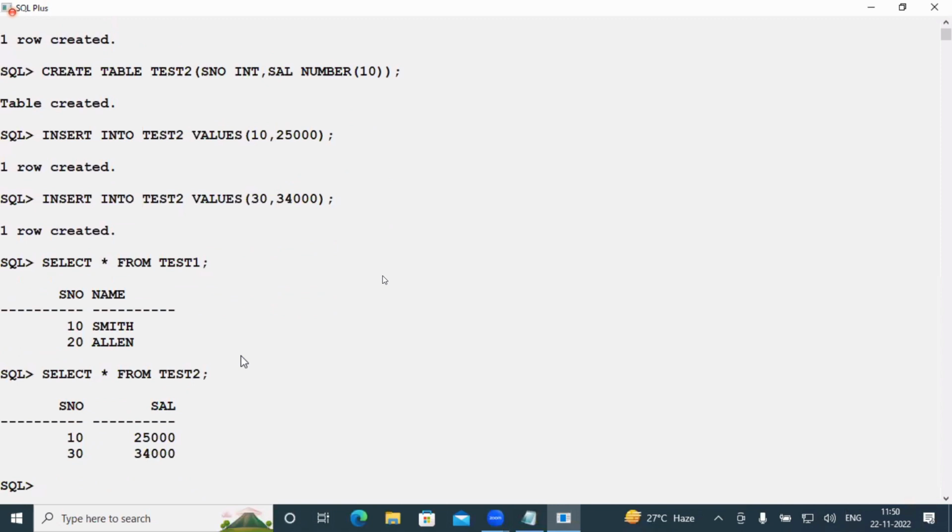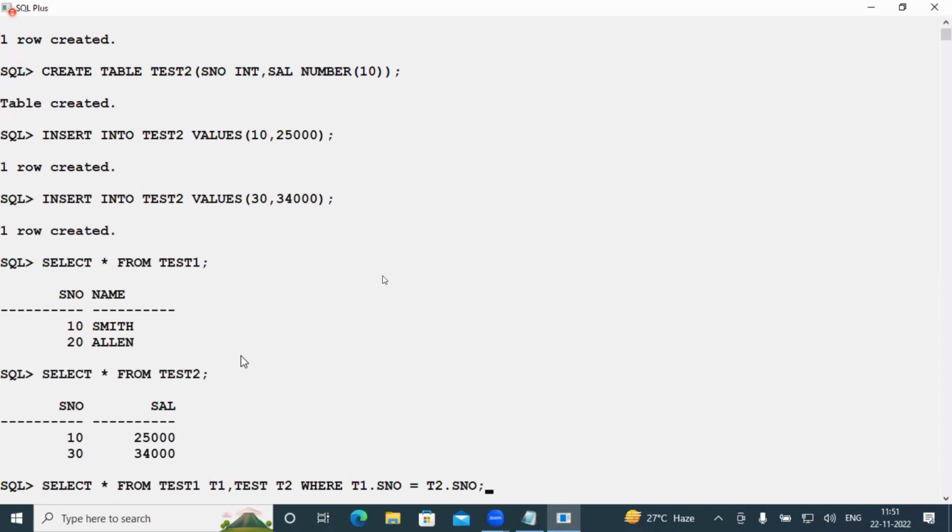Okay. So on these two tables of data, now I want to apply non-equi-join. So how to write non-equi-join on this? Let me come. Select star from test1 T1, test2 T2, where T1.serial number equals T2.serial number.